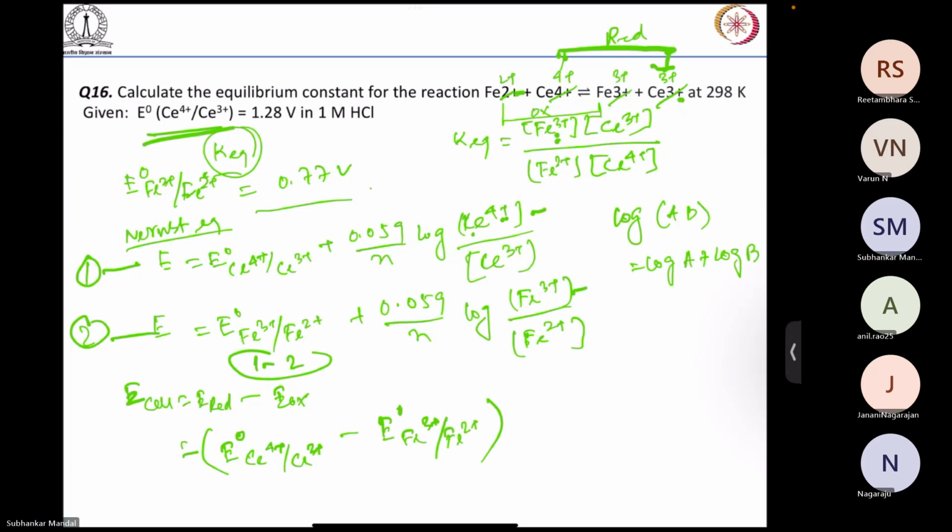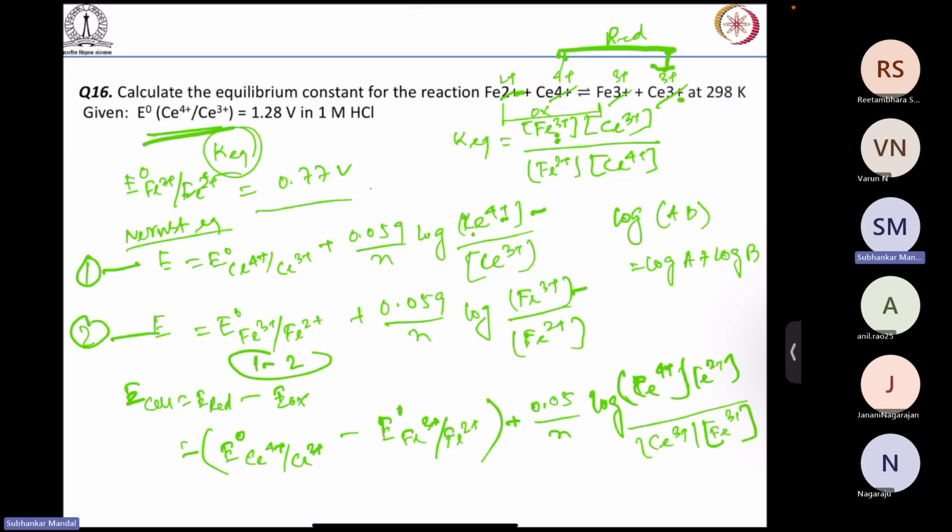And this one, 0.059 by n log of cerium 4+ and Fe2+ up, cerium 3+ and Fe3+ below.